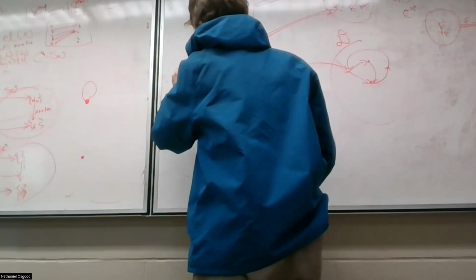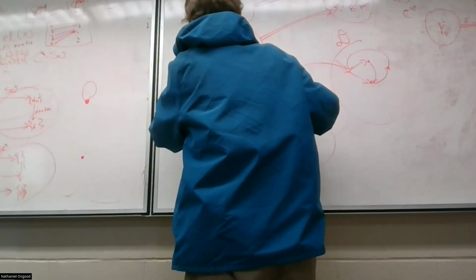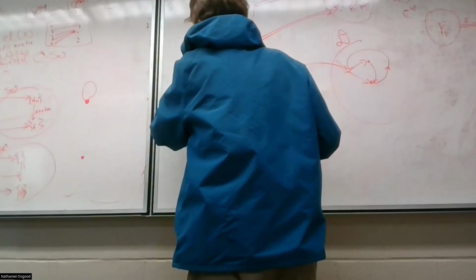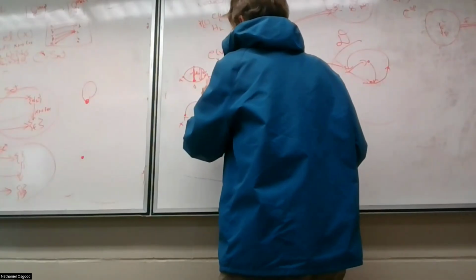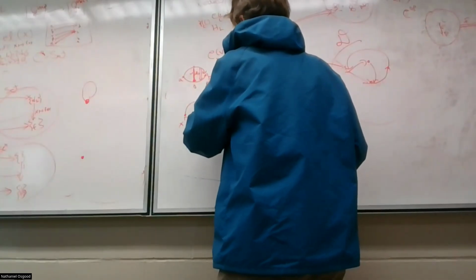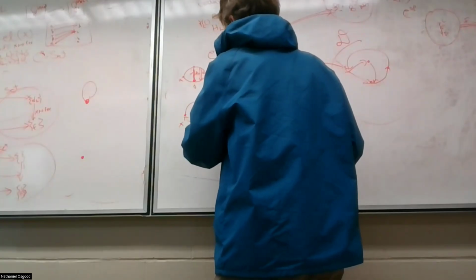Maybe I'll call this M, and then I'll call this N, and I'll call this P. So if I take P and I take its source, I'll get M. If I take P and I take its target, I'll get N.